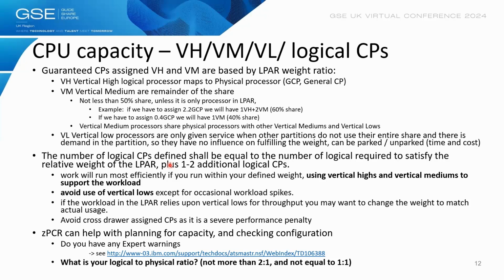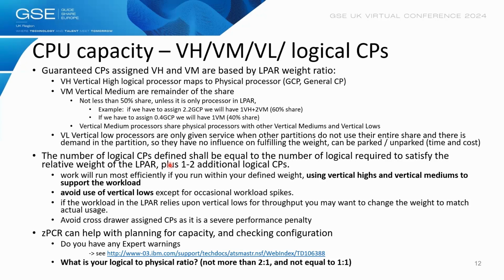So the rules are: you should have so many logical processors that you can fully map to the defined processor weight. And I will explain it with examples later on. You can have a few more logical processors to become vertical low, so they can be used to adopt some additional workload when the other LPARs are not being used. You should avoid cross-drawer configurations, meaning one LPAR should be limited to general CPs that are in one hardware drawer.